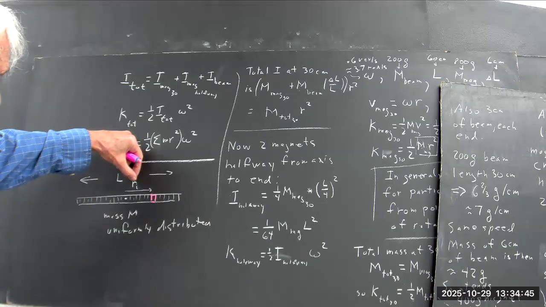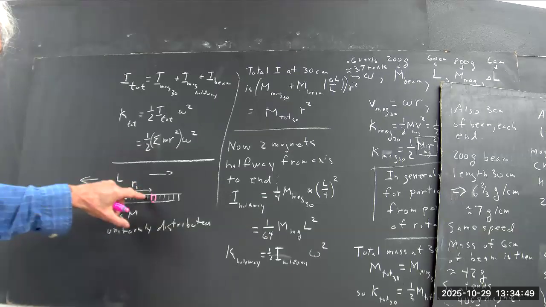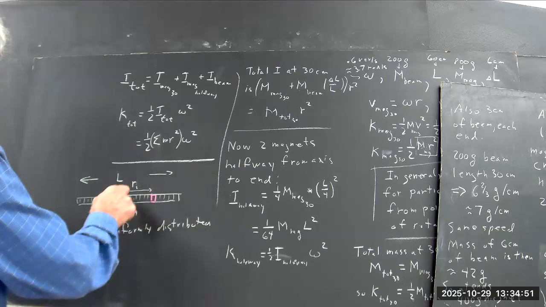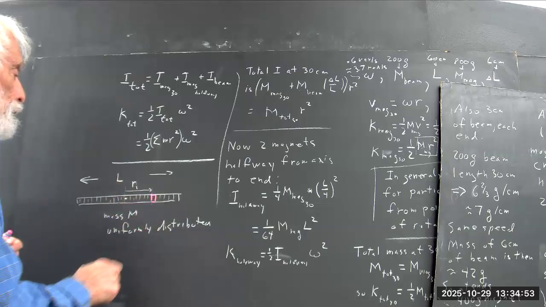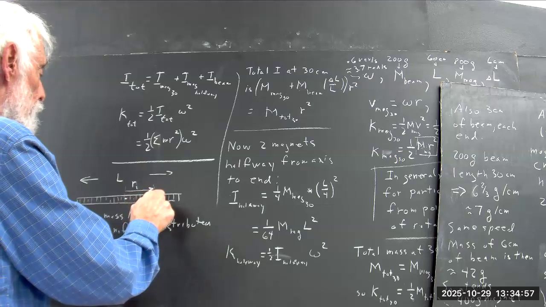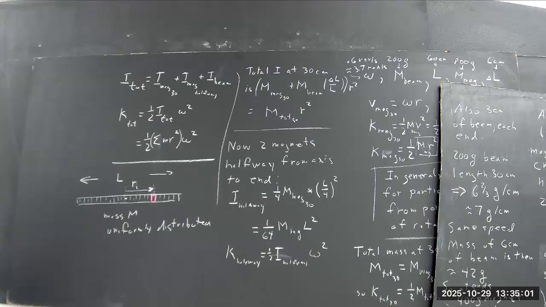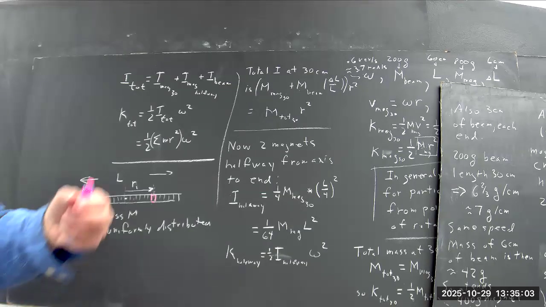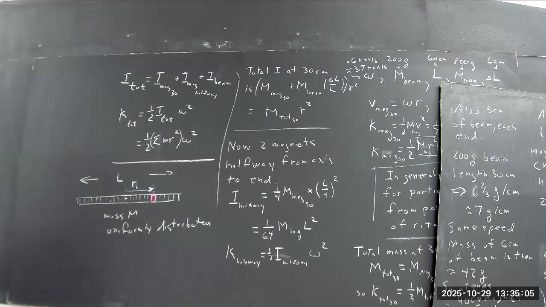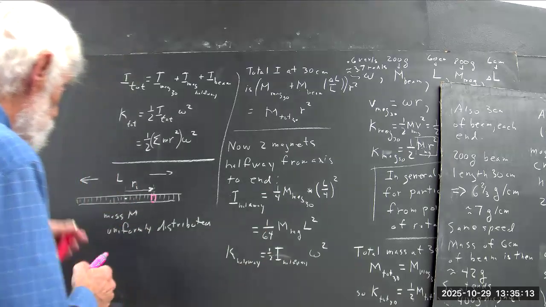So this distance here is r sub i, distance from the axis to some sample point within that segment. Doesn't matter where that sample point is, because we're going to shrink the segments down toward the limit of zero. Okay, shrink the lengths of these things down to zero. And the number is going to then, of course, approach infinity.